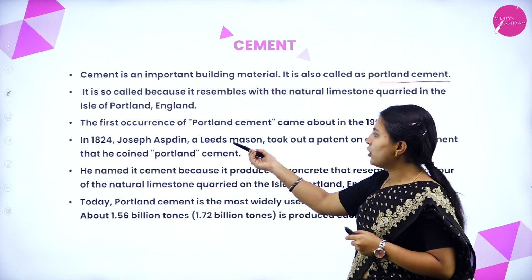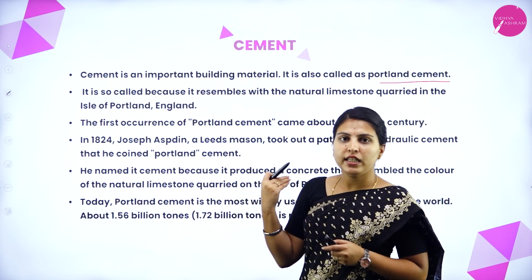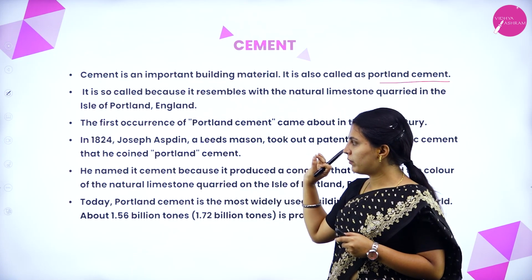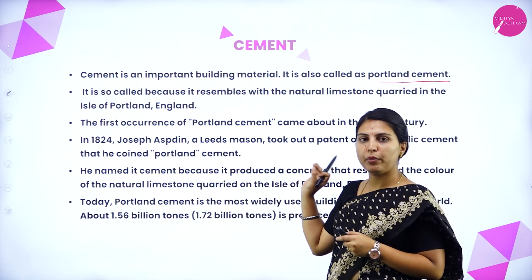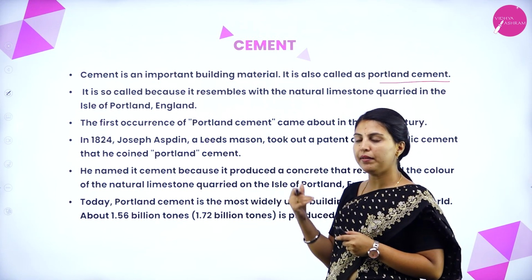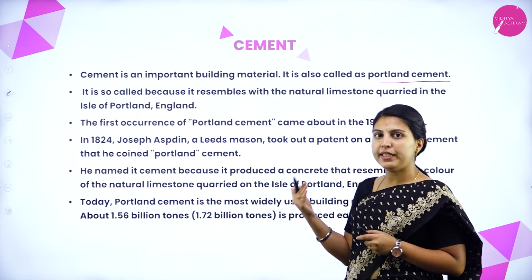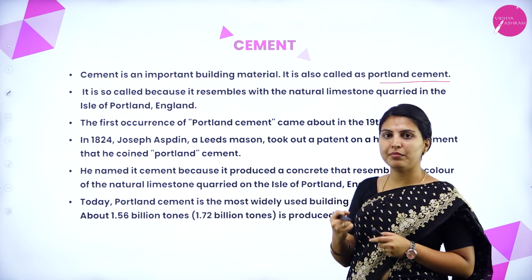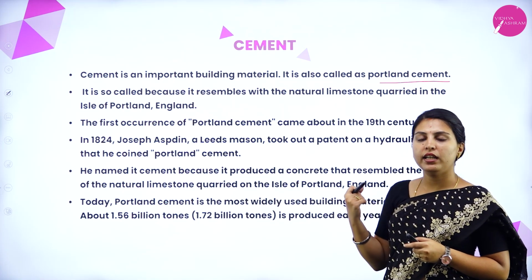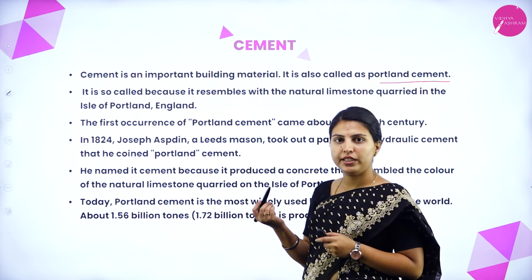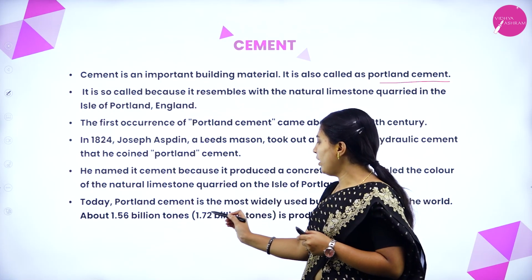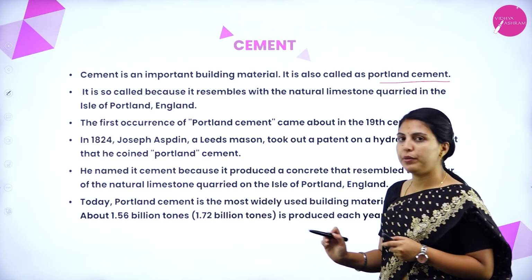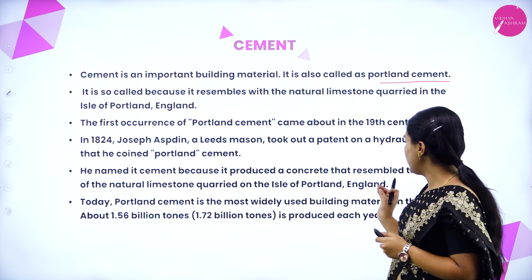Means this Joseph discovered it, gave the name, and described the cement which resembles limestone. But now, in our today's life, this cement is widely used across the earth, with about 1.72 billion tons manufactured each year.